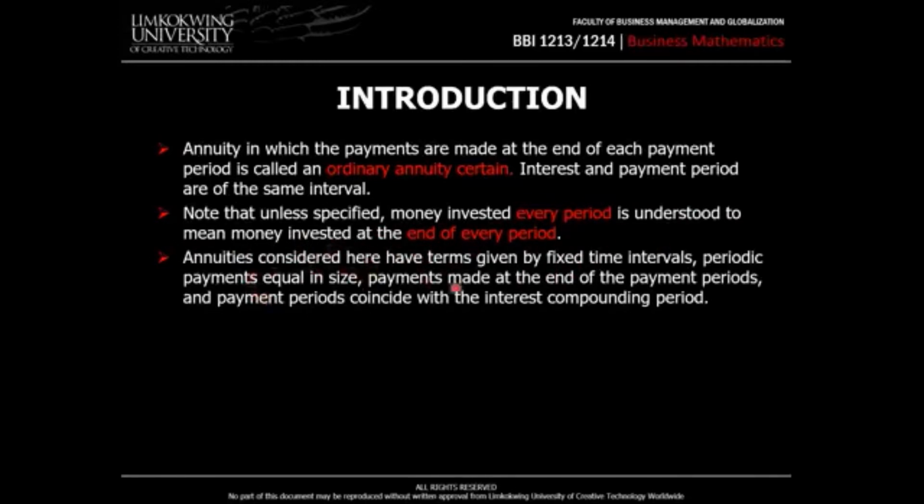Annuities considered here have terms given by fixed time intervals, for example if your rental is for 5 years or your house rental contract is for 2 years. Periodic payments are equal in size, payments are made at the end of the payment periods, and payment periods coincide with the interest compounding period. As I mentioned, it is related to the compound interest that we learned previously in chapter 3.